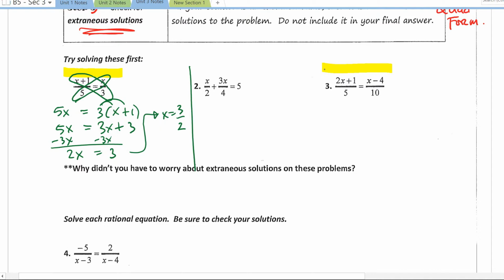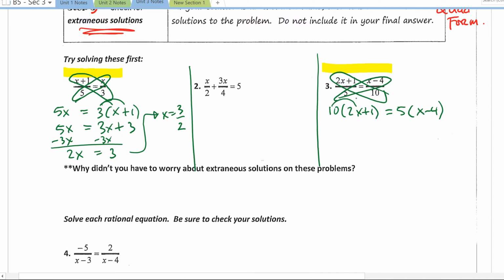Okay. Let's go ahead and look at problem number 3. Same thing. Let's cross multiply. So 10 parentheses 2x plus 1 equals 5 parentheses x minus 4. Distribute the 10, distribute the 5, and solve for x.